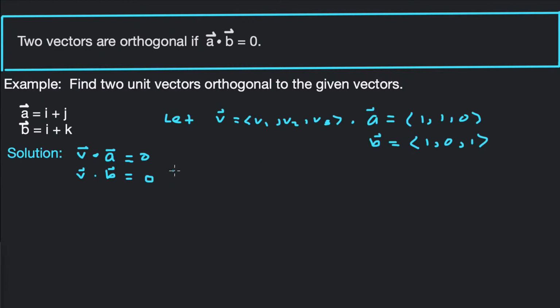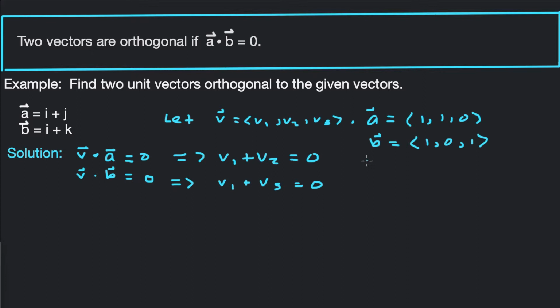So now we take these dot products. So v dot a is equal to v1 plus v2, so v1 plus v2 equals 0. And the second dot product, v dot b, is v1 plus v3 equals 0.